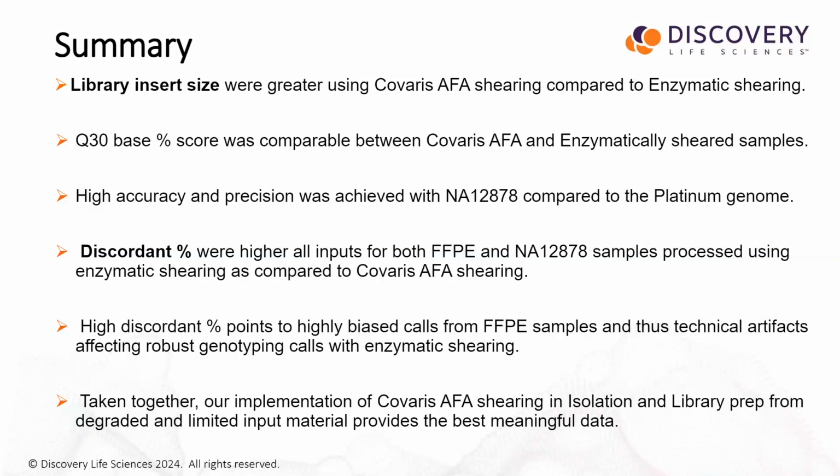The high discordant percent points to highly biased calls from FFPE samples, and thus technical artifacts affecting robust genotyping calls with enzymatic shearing are going to be part of the process.